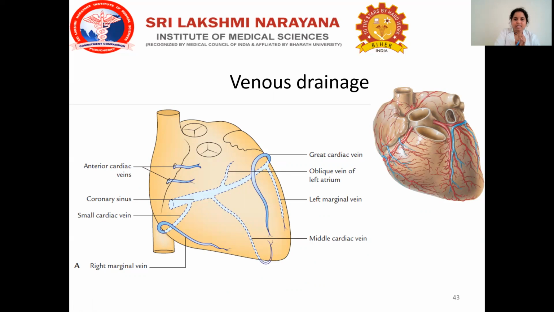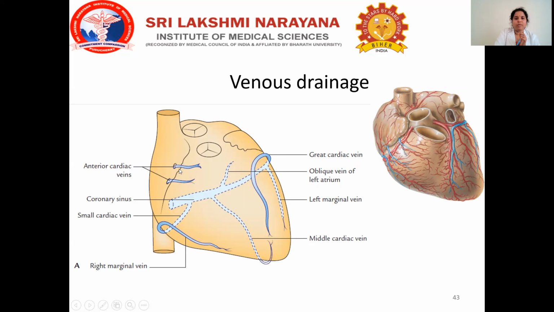The coronary sinus begins from the left heart border, runs in the groove for the coronary sinus, and opens into the interior of the right atrium. The following are the tributaries of the coronary sinus: left marginal vein, oblique vein of left atrium, middle cardiac vein, posterior vein of left ventricle, right marginal vein, and small cardiac vein.